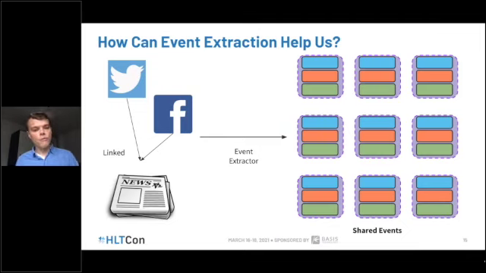You can run all of that through your event extractor and end up with a list of candidate events that we want to audit for their veracity. So we have our set of legitimate events, our set of shared events. How are we going to determine which of these are fake?